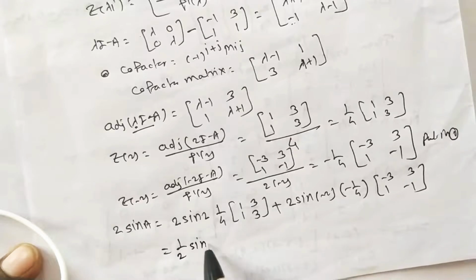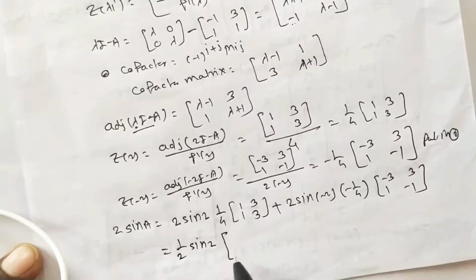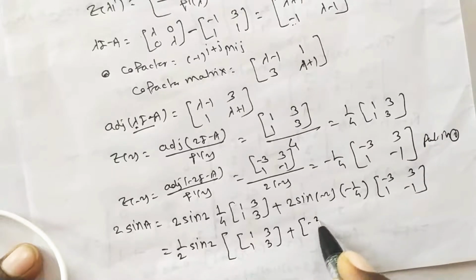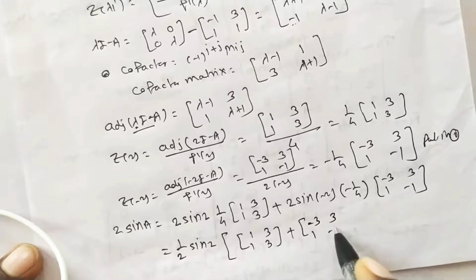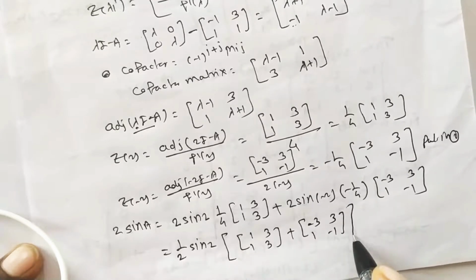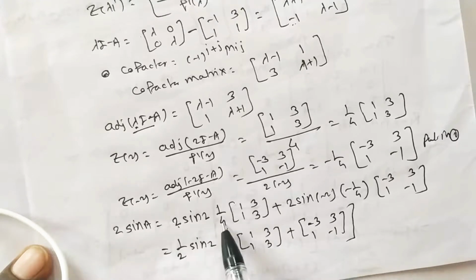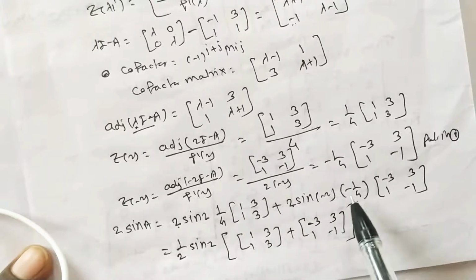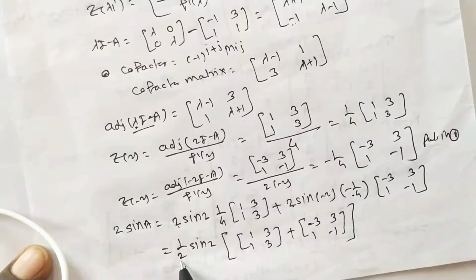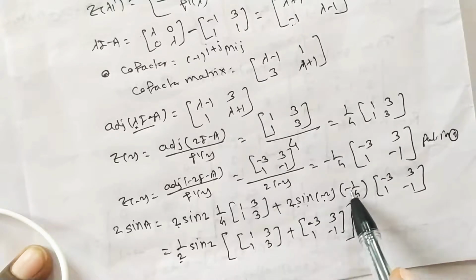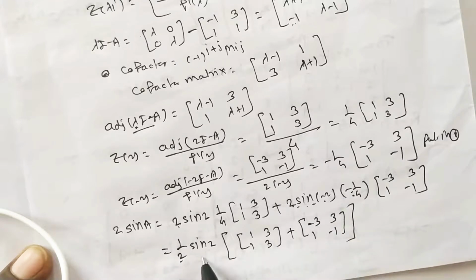In the bracket write down the remaining terms, that is 1, 3, 1, 3 plus minus 3, 3, 1, minus 1. Okay, listen to this step carefully. This 2 by 4 is 1 by 2, we can take 1 by 2 common. Sin of minus theta is minus sin theta, so minus plus, and sin 2 we can take common.